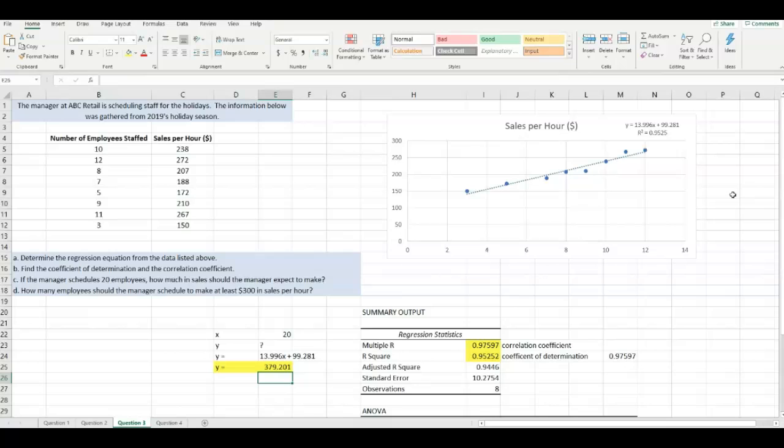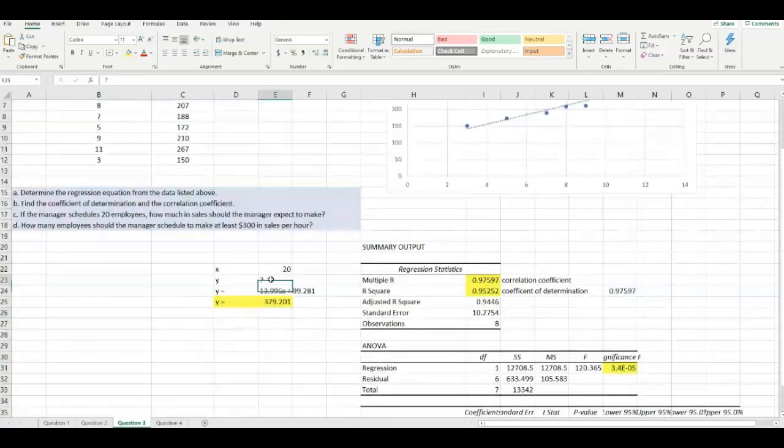Now, a manager might find that information useful, but another way that a manager might look to schedule employees is saying, I want to make at least $300 in sales this hour. How many people do I need to have on duty? How many people do I need to have in the store right now in order to make $300 in sales this hour?